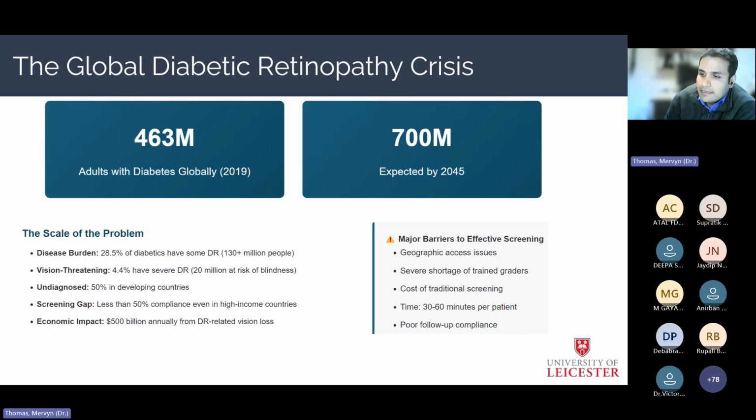Now, India itself has 77 million people with diabetes, the second highest in the world after China, actually. So this is a particularly pressing problem across different nations in the world.